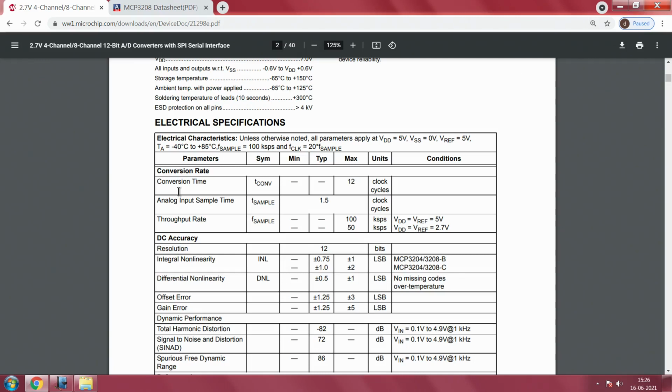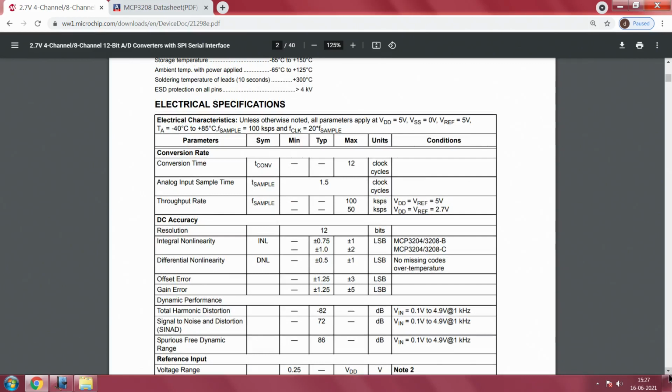Then you have analog input sample time, throughput rate. We mentioned this already. Some people call it sampling frequency, some people call it throughput rate, and so on. It is nothing but that 100 kSPS at Vref of 5 volts, and at VDD of 2.7 volts, we said it will come down to 50 kSPS. Then we said all the things about the DC accuracy of the ADC.